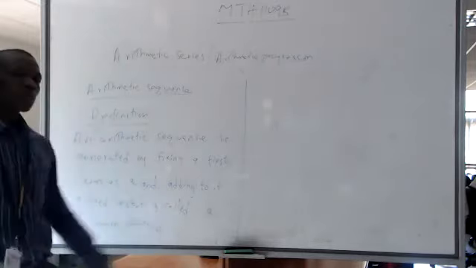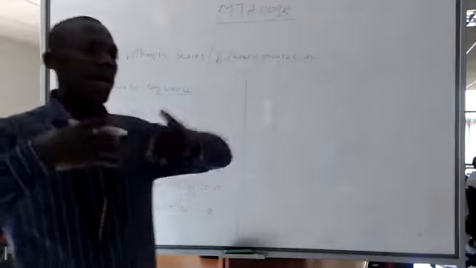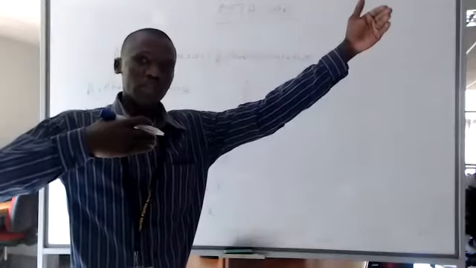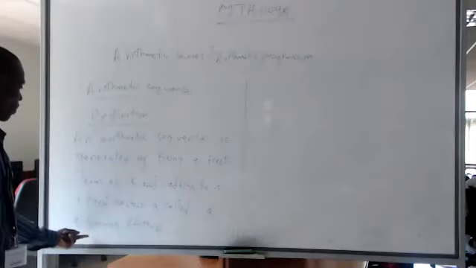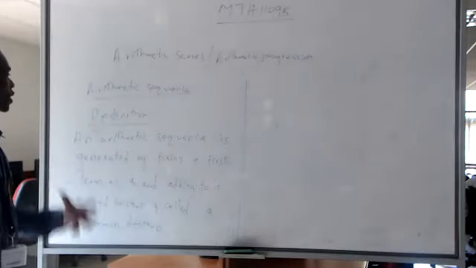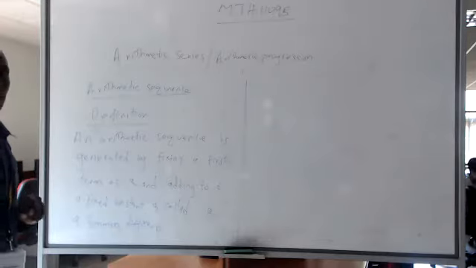It's very easy. Start with one fixed term, then keep adding a fixed difference between any two successive terms. This difference is what we are calling a common difference. So this way you generate an arithmetic sequence.